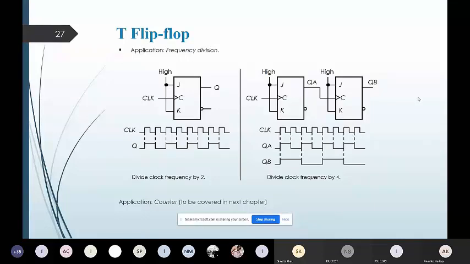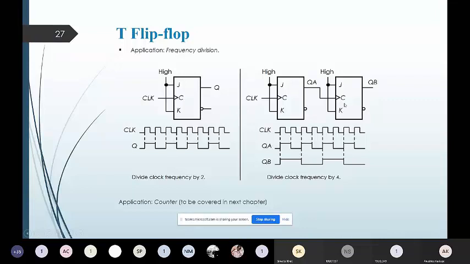So here you are observing the example where I have connected 2 T flip-flops in series in such a way that the first flip-flop's Q output is connected to the clock input of the next flip-flop.